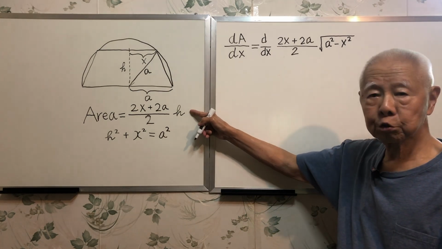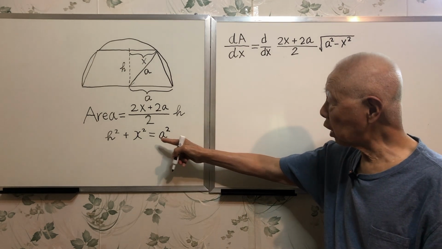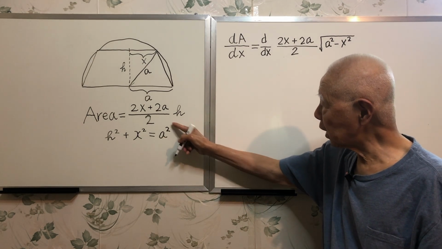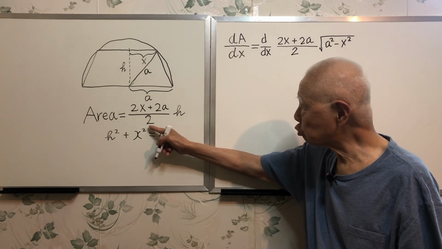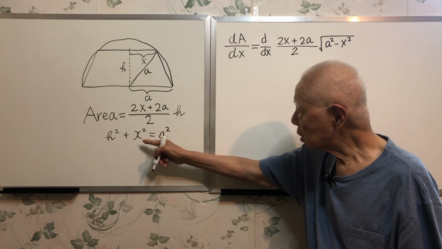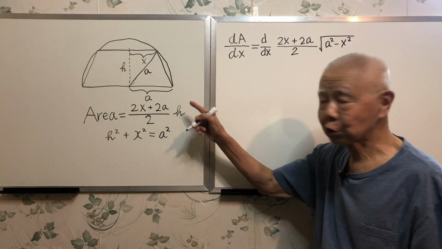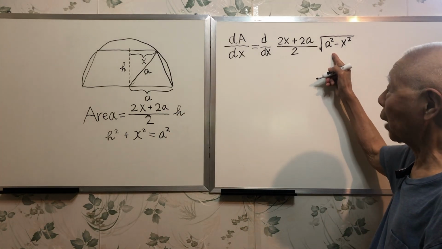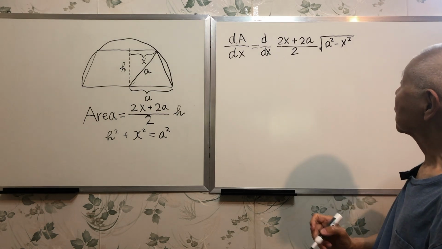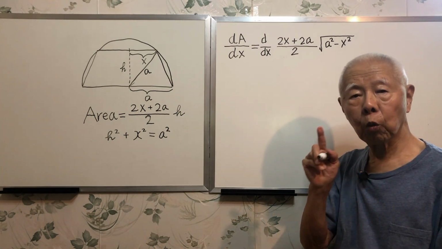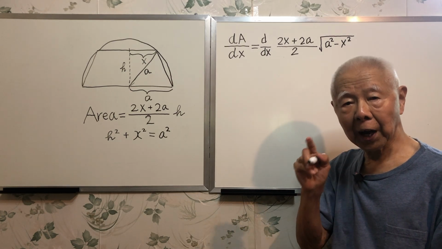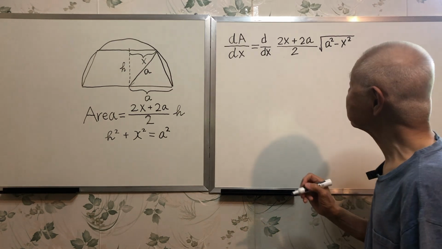So the h is square root of a squared minus x squared. Once I have this, I have only one variable, then I can do the derivative.